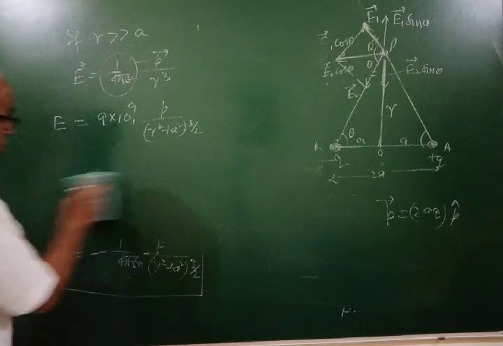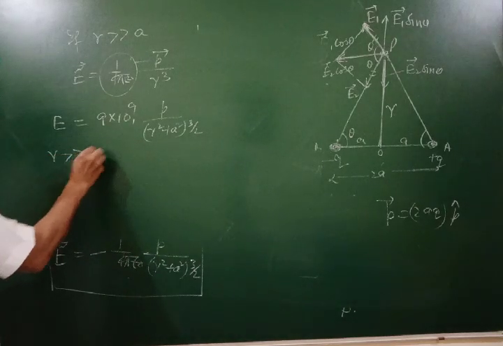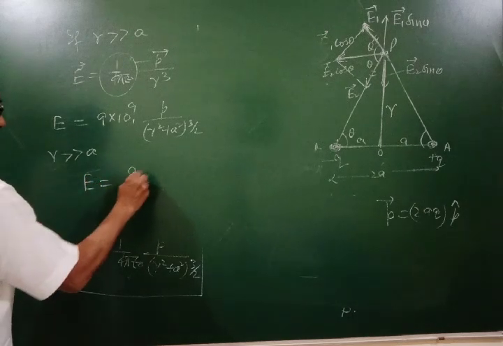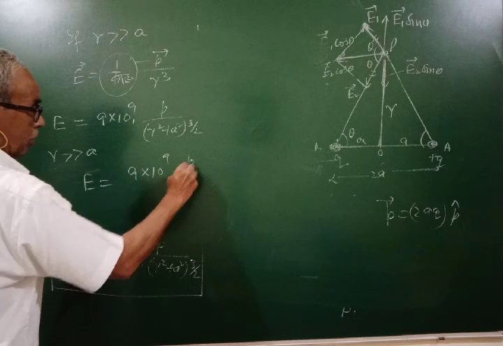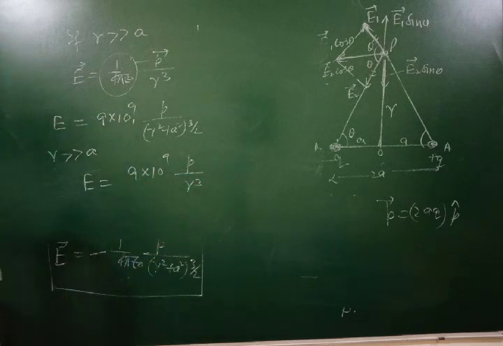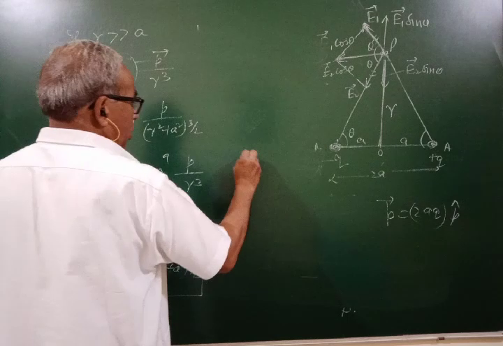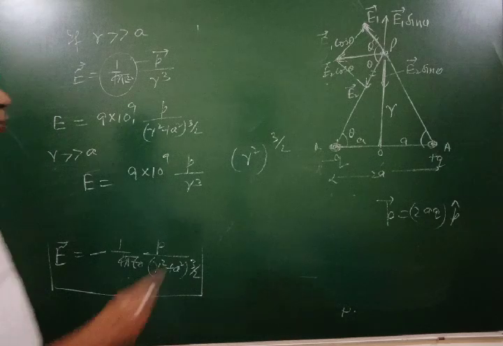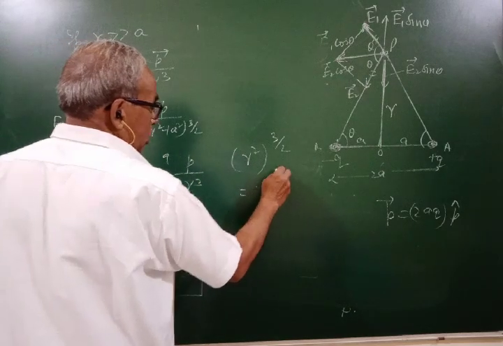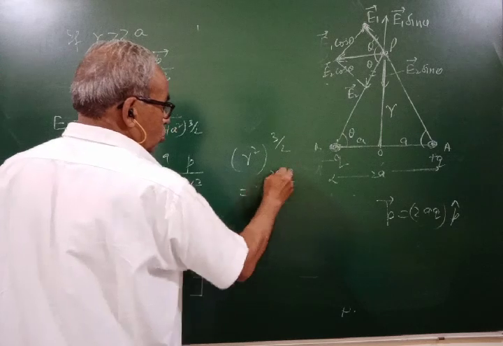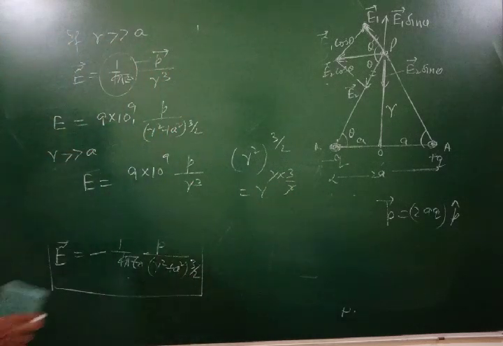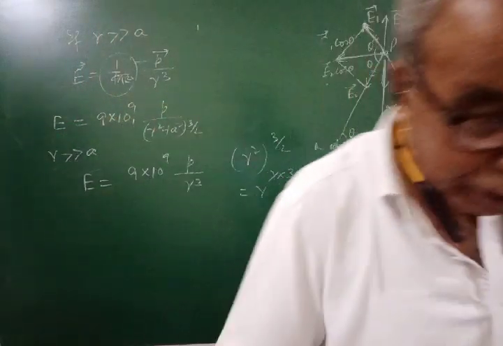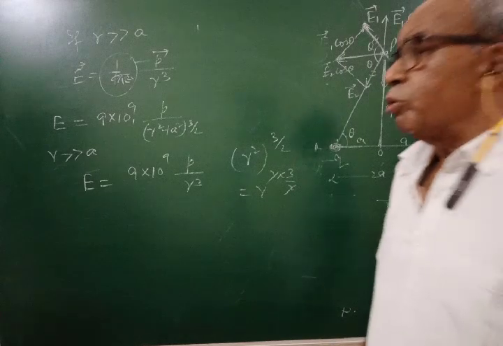Or at a far point, when r is much greater than a, this is also called the far point, E is equal to 9 × 10⁹ P upon r cube, because a is negligible, and r square to the power 3/2 means powers get multiplied, 2 into 3/2, so 2 gets cancelled and you get r cube. These are important topics of your syllabus, and certainly there will be a question.